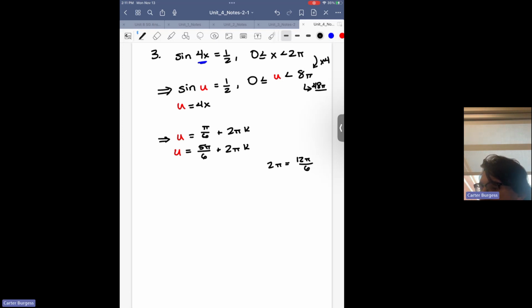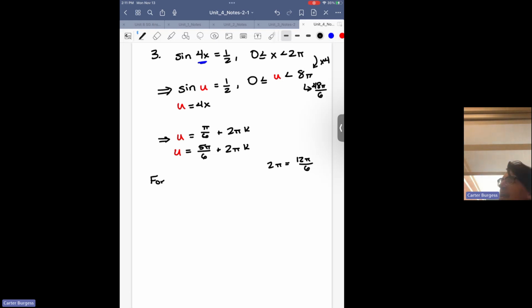Very good. 48 pi over 6 is going to be that upper limit that we'll use to check when we have gone too far. Okay. So now we just have to check our values of k.